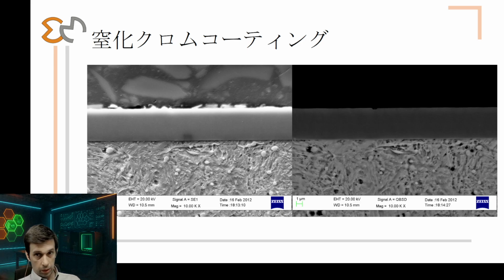In this case, we have a coating of chromium nitride on steel, and you can see on the top there is a black region. On the left, we can see a sort of three-dimensional image. We can see the topography of the sample.